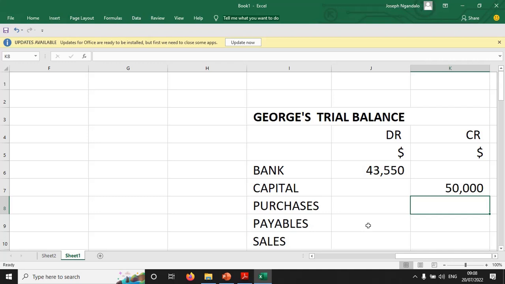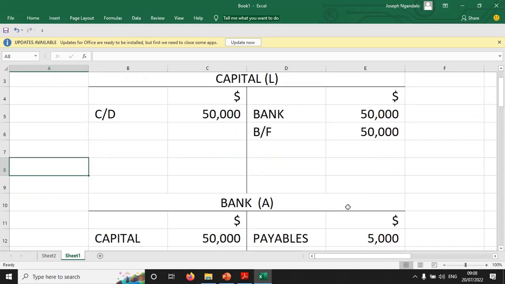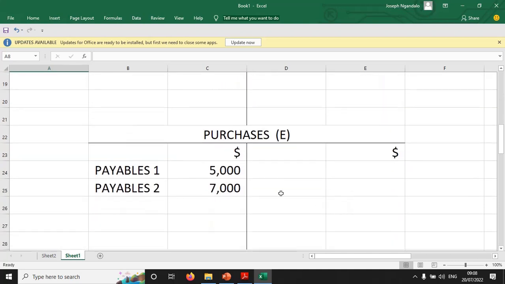Can we proceed? Purchases. We close up. I think it's straightforward. Compare 12,000 to 0. Carry down is what? 12,000 itself, isn't it?